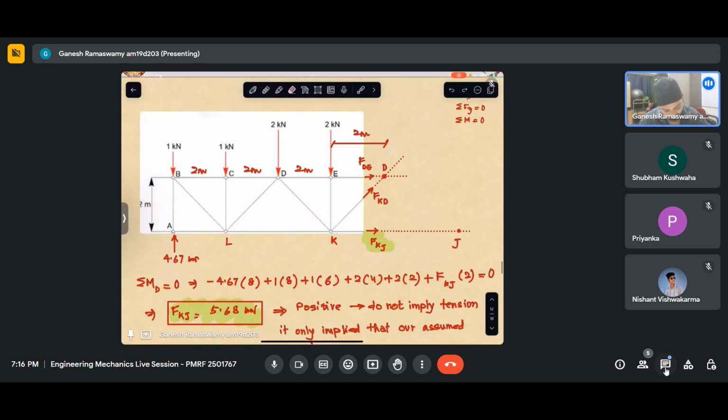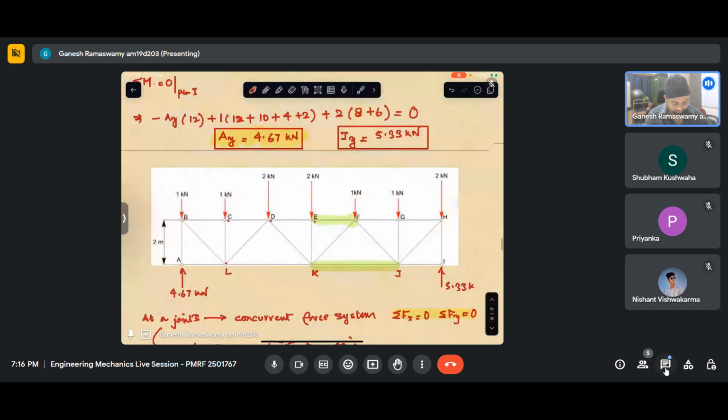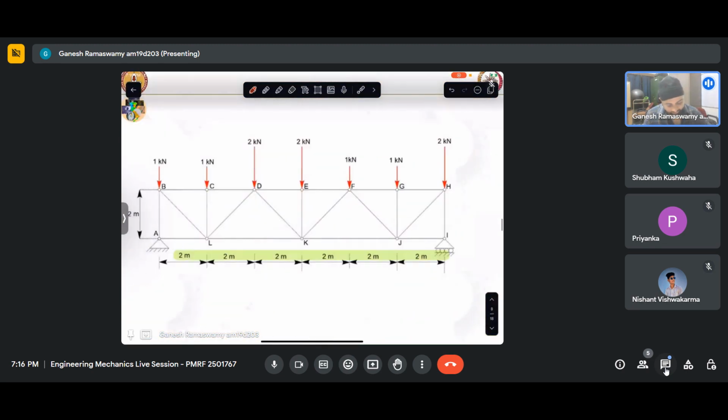This is not D, but this is F. Moment about F. So it's a small thing, I suppose you can bear with that. Anyway, the point I was trying to make is we just took the moment about F and we saw that force in member EF essentially did not contribute to any moment because it is a concurrent force system.